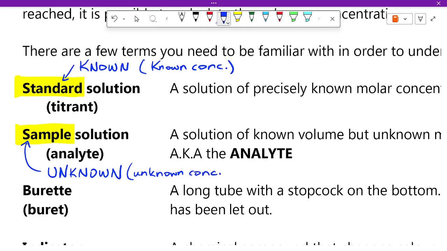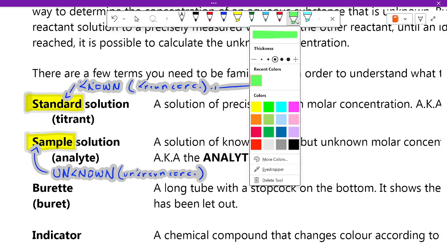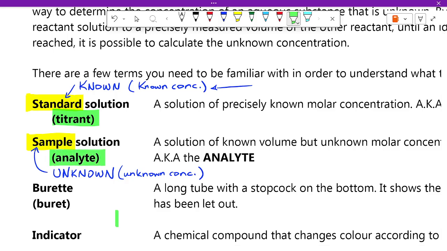Usually we put the standard in the burette, not 100% of the time, but usually. The standard solution is also known as the titrant. And the sample solution is also known as the analyte, because we are analyzing it to find out its concentration.